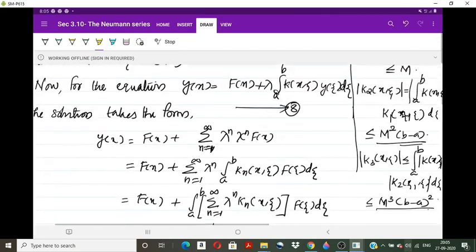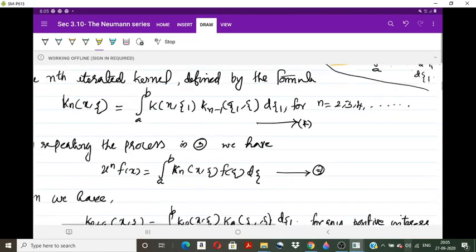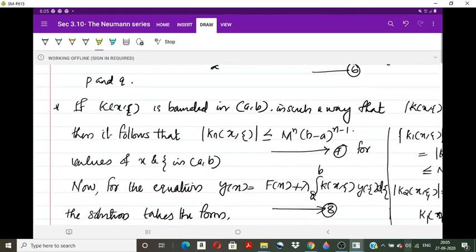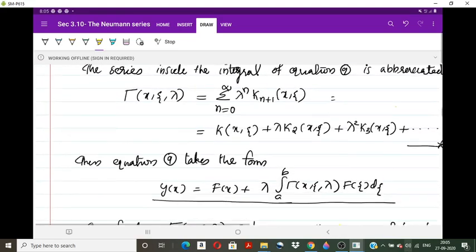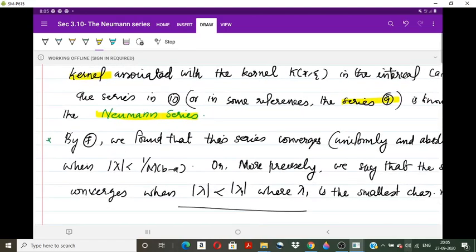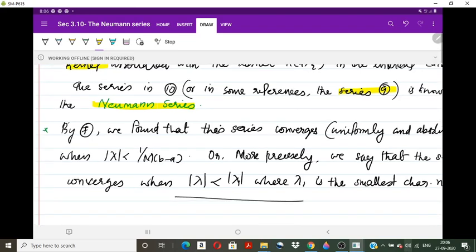And by equation number 7, we have the iterated kernels Kn of x zeta bounded by M raised to n into (b minus a) raised to n minus 1. Each iterated kernel is bounded, and hence by the convergence test for a series of functions, this series converges uniformly and absolutely when mod lambda is less than 1 by M into (b minus a).